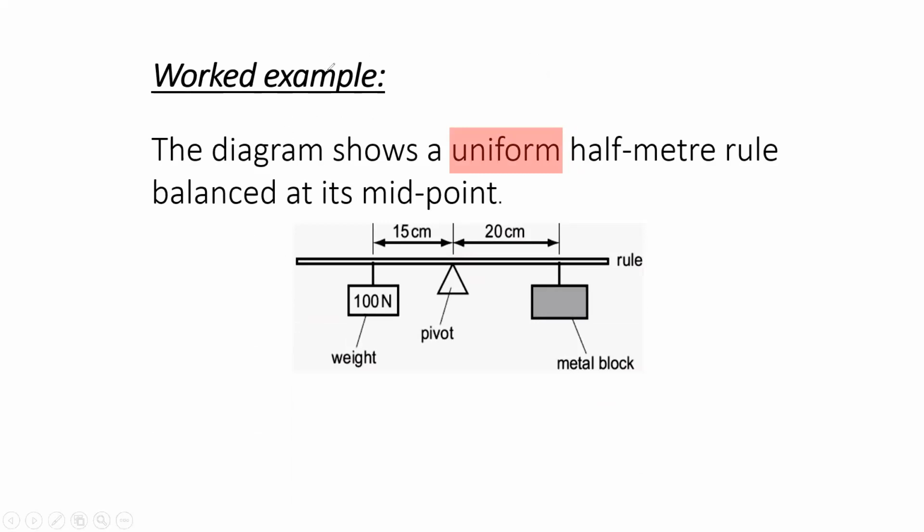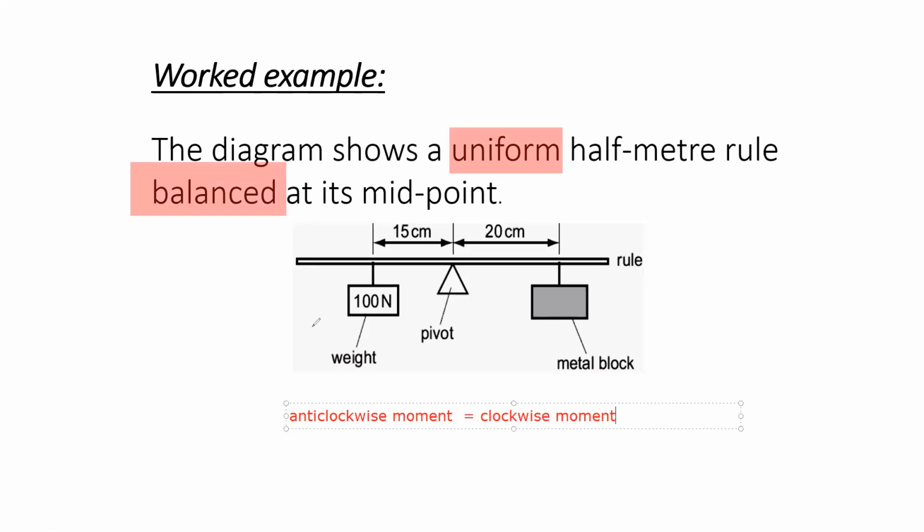Whenever an object is balanced or in equilibrium, the anti-clockwise moment is equal to the clockwise moment. This is possible when the object is balanced or in equilibrium.